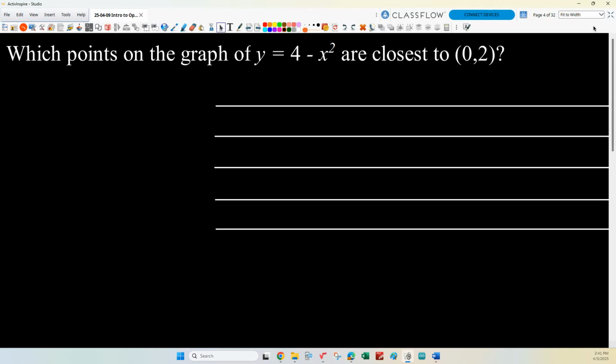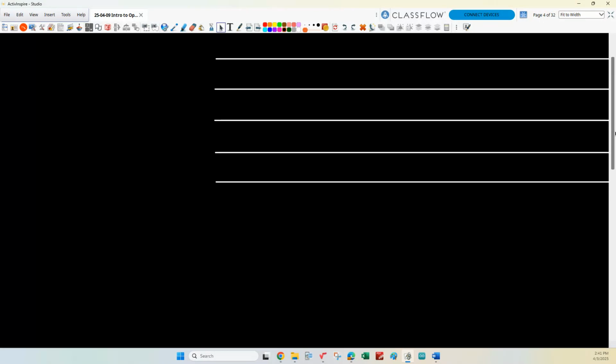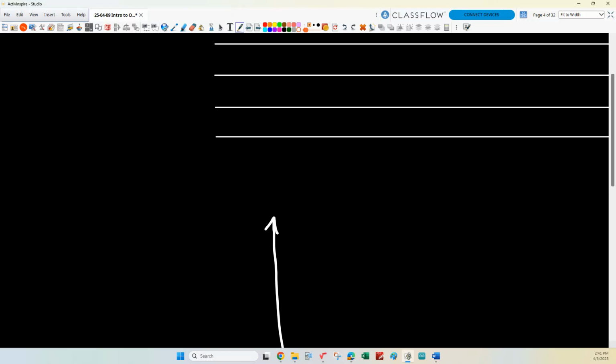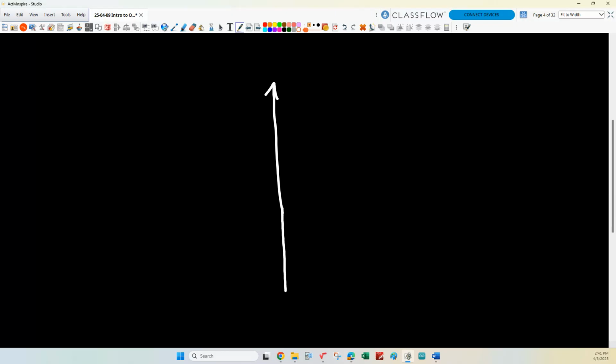Okay, so here's our picture. Let's take a look. What does the graph of 4 minus x squared look like? That's a pretty easy one. 4 minus x squared is an upside down parabola with a vertex where? 4, okay.